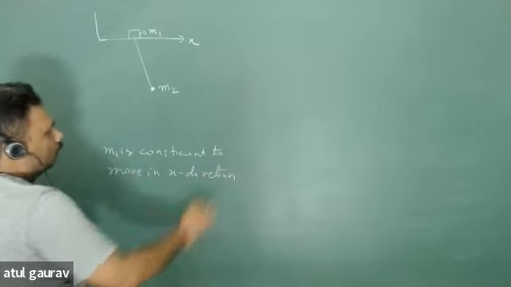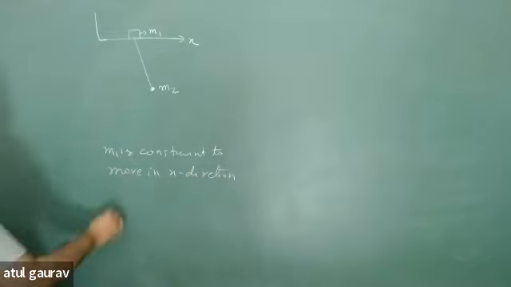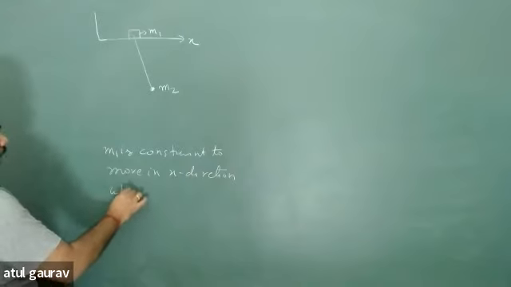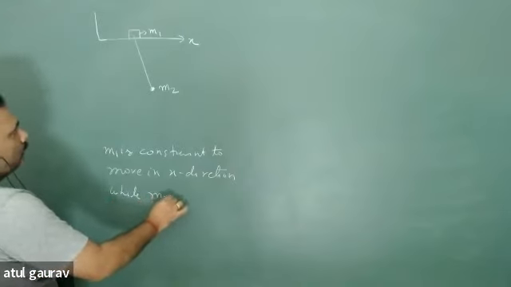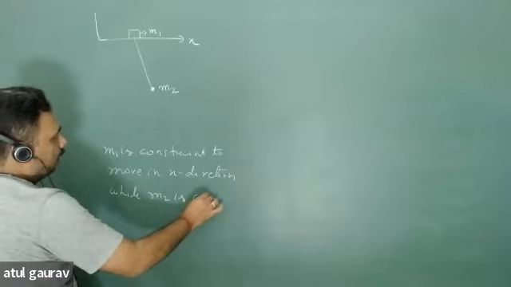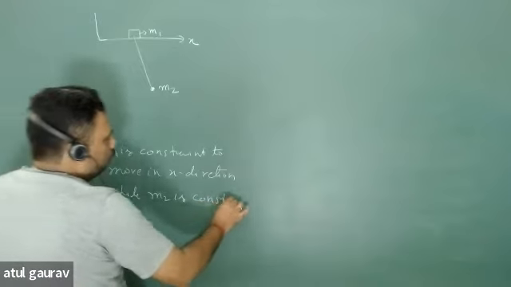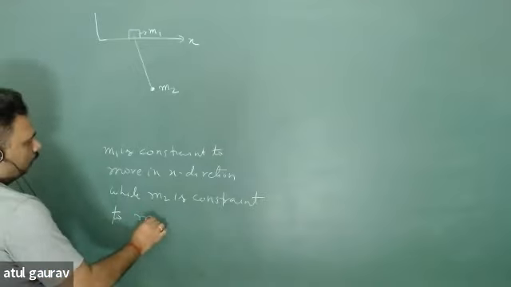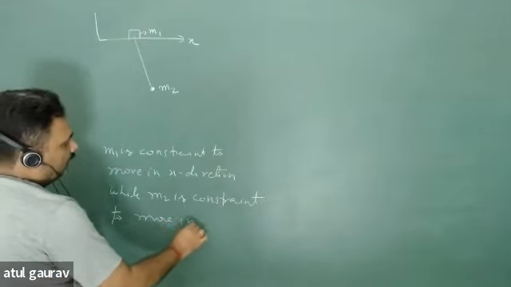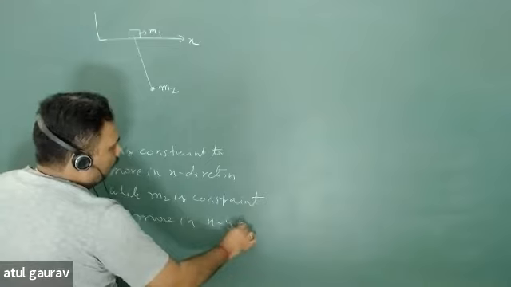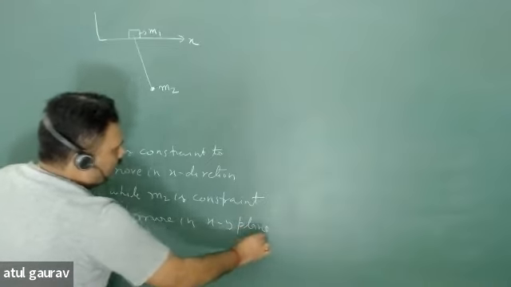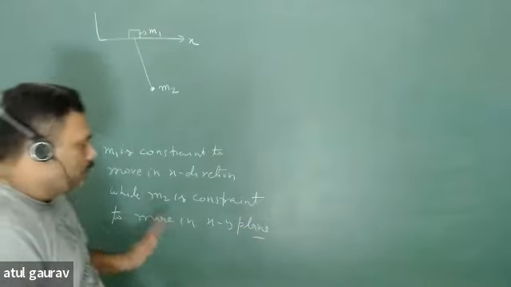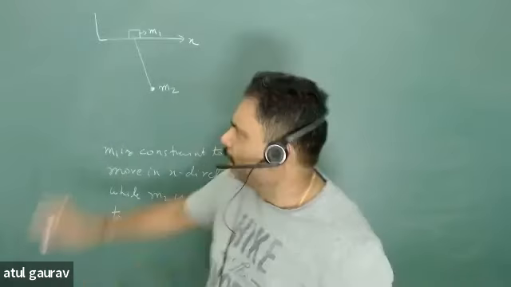M1 is constrained to move in the x direction, while M2 is constrained to move in the xy plane, the xy vertical plane.